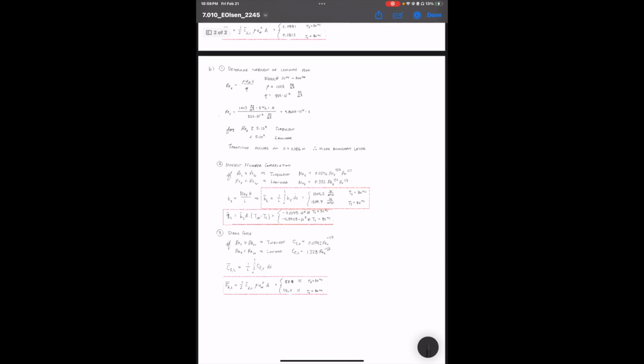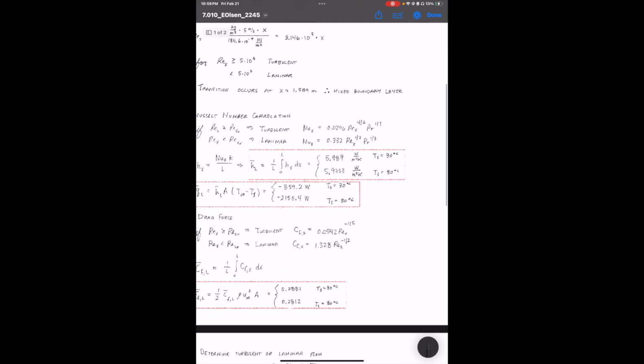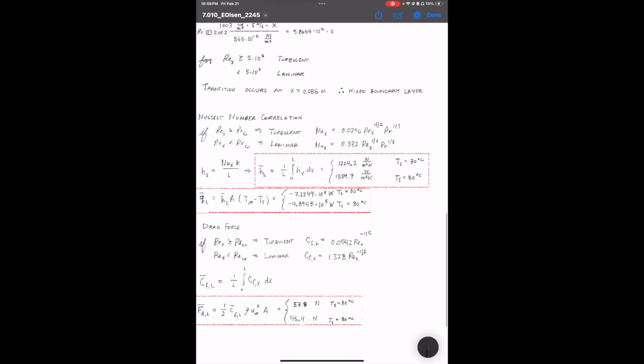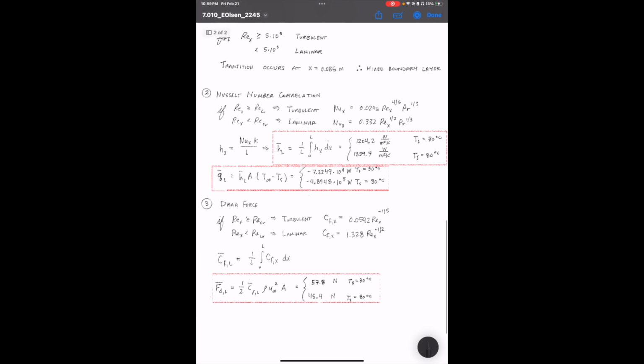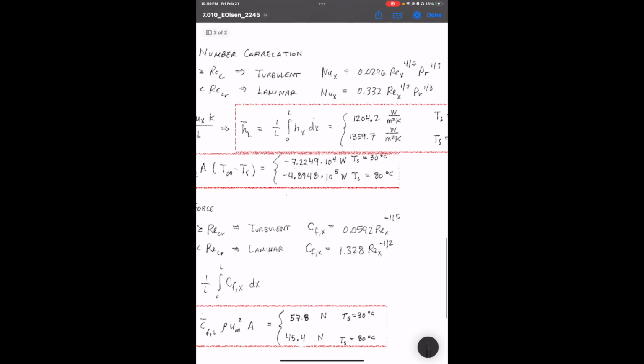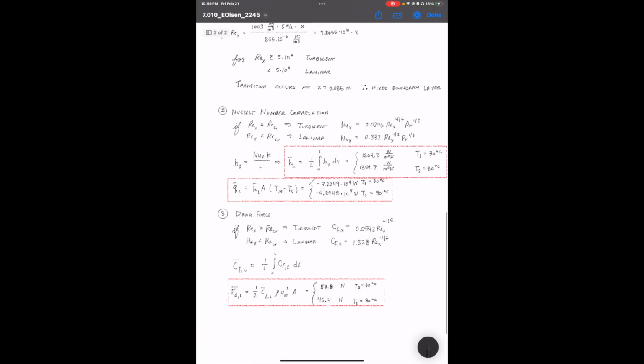And this is much higher than that of the airflow, of course, since fluids typically have much higher convection coefficients due to their density. And so we can also evaluate our heat rate due to convection for the water, and it turns out to be around 7.22 times 10 to the 4 watts for 30 degrees Celsius, and 4.894 times 10 to the 5th watts for 80 degrees Celsius.